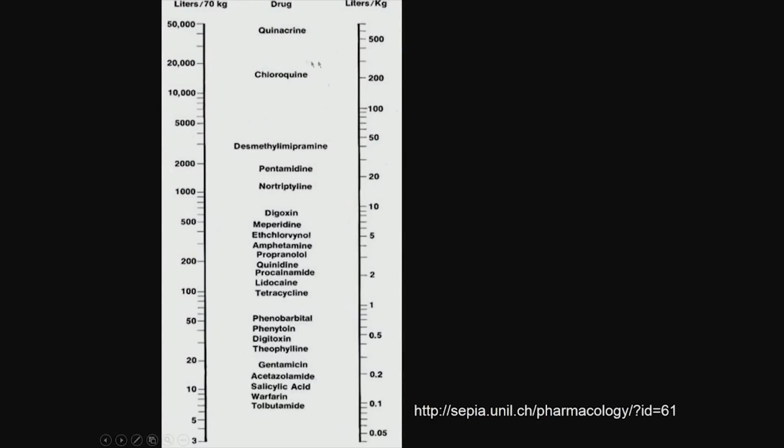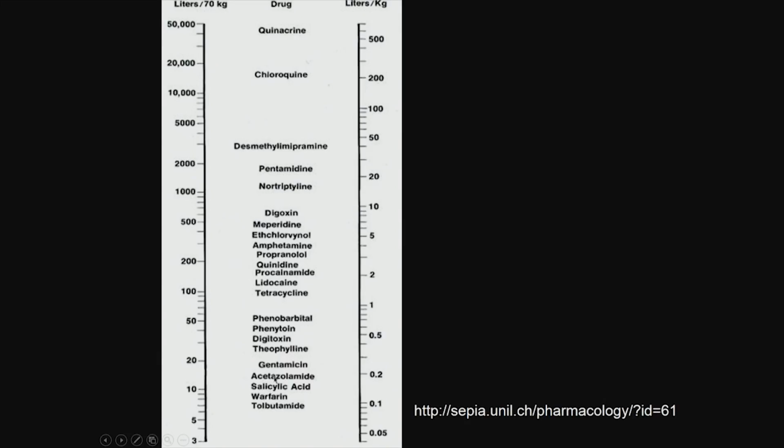This is a very interesting graph because it tells you liters per 70 kg or liters per kg, the volumes for different drugs. Warfarin, like I said, is low. So you can give even a small dosage, and C naught will be quite high because the volume is low.